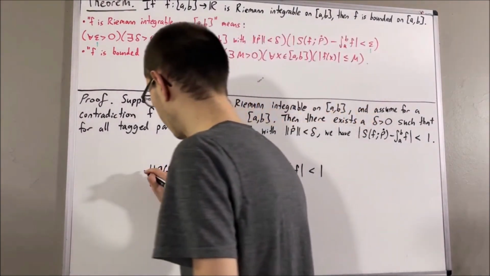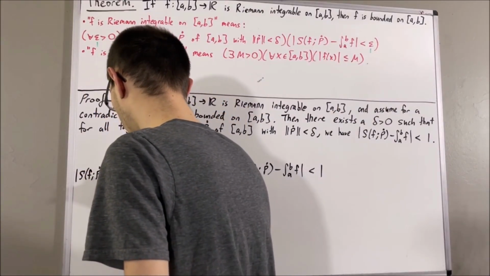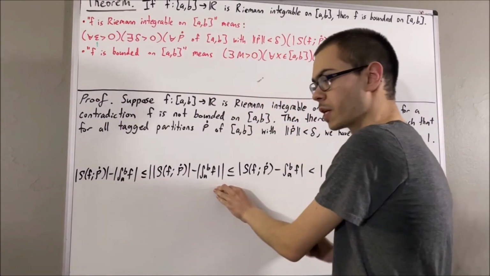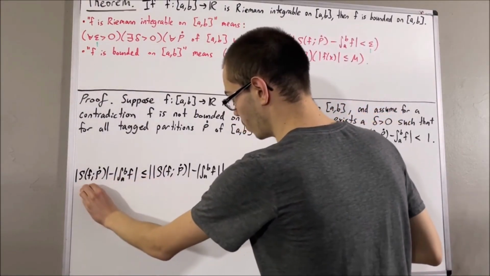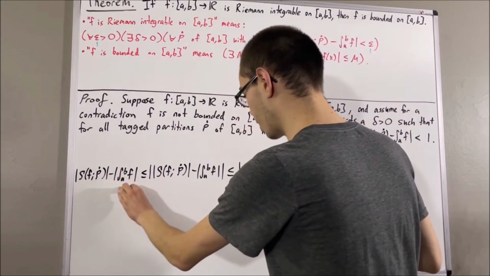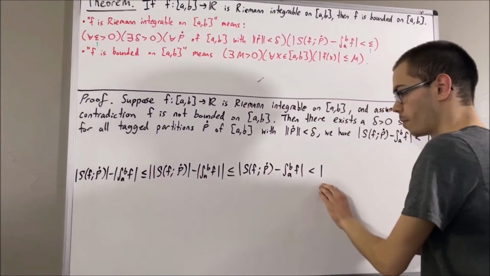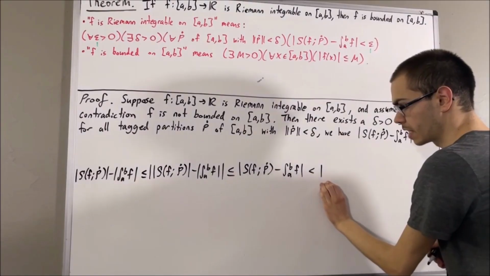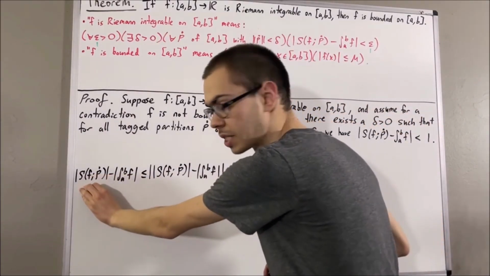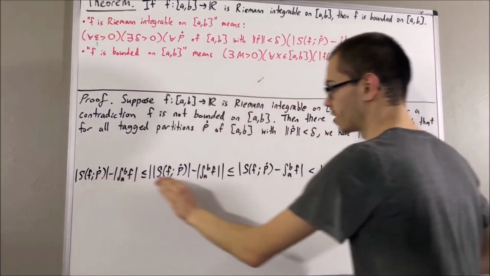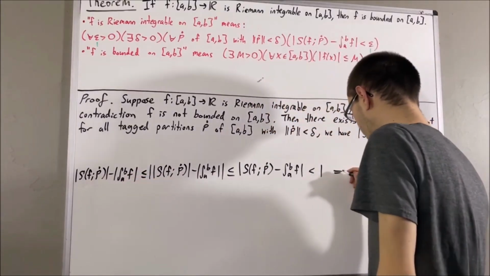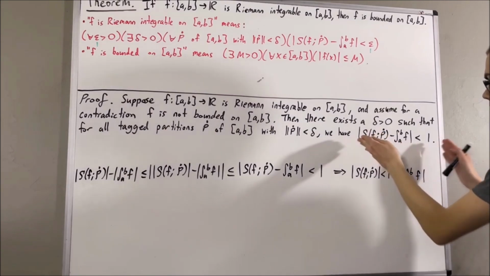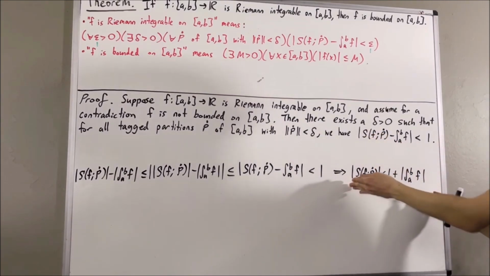So in particular, this real number must be less than or equal to its absolute value. So this shows that the absolute value of the Riemann sum minus the absolute value of the integral is less than 1. So adding the absolute value of the integral to the other side, we get the absolute value of the Riemann sum is less than 1 plus the absolute value of the integral. So from this inequality follows.